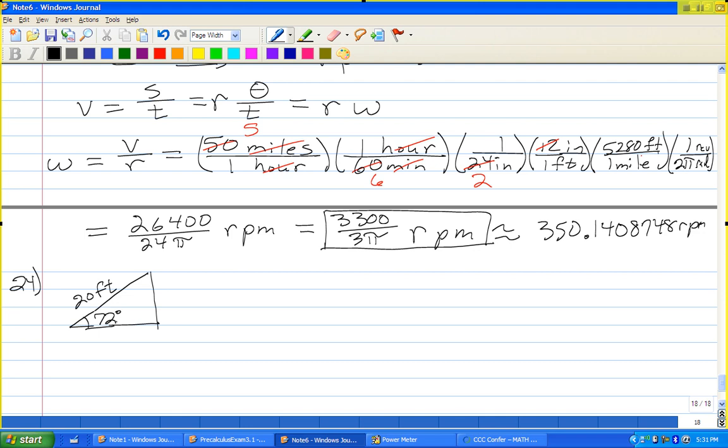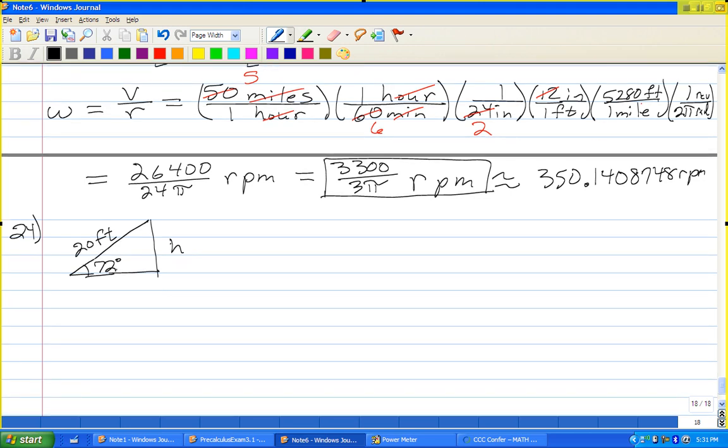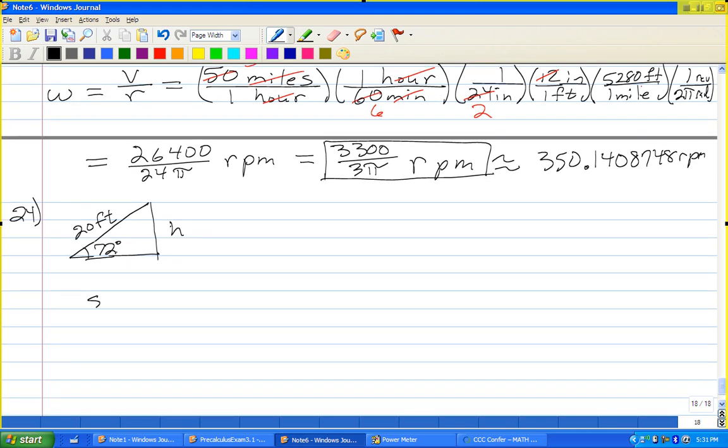Leans against the building so that the angle between the ground and ladder is 72 degrees. How high does the ladder reach on the building? Okay, so I have that the sine is opposite over hypotenuse.